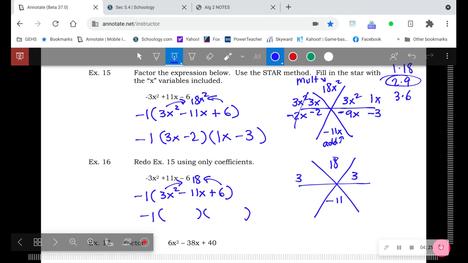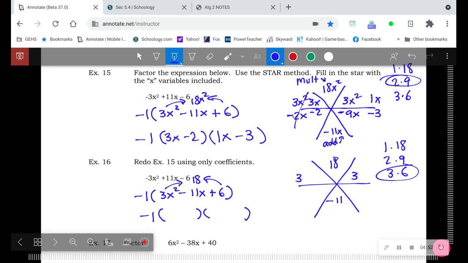So we need two numbers that multiply to give 18. And the same two numbers have to add to give 11. Well, we've done all this thinking already, but I'll just run through it again real quickly. 2 times 9 also gives 18, and so does 3 times 6. So these would add up to 9 if the signs were both positive. They would add up to negative 9 if the signs were both negative.